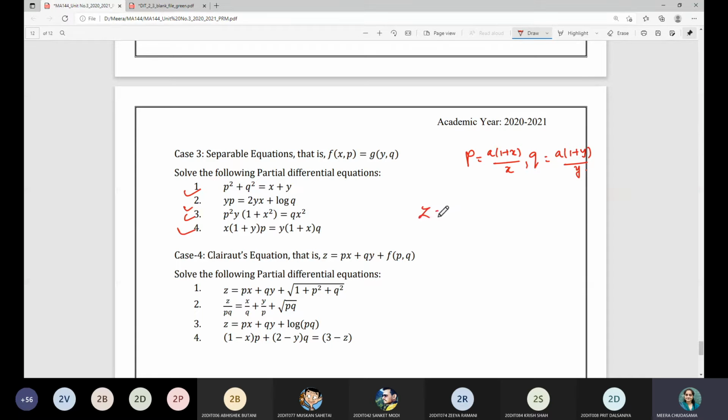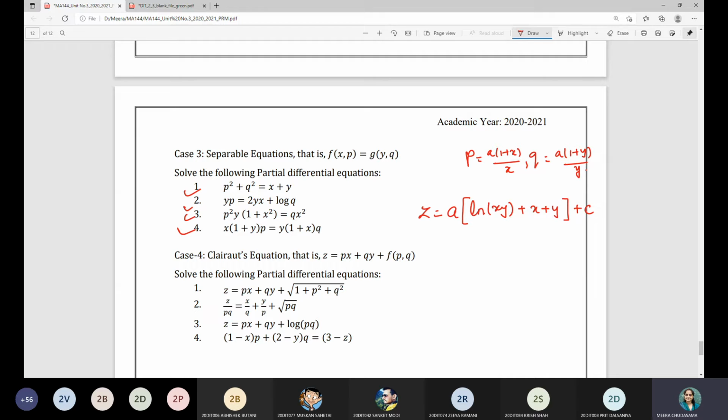So what it will be, z is equal to, a is a constant quantity from both of these expressions, so a will remain there, ln xy plus x plus y, and then plus c. Very good. The correct answer.